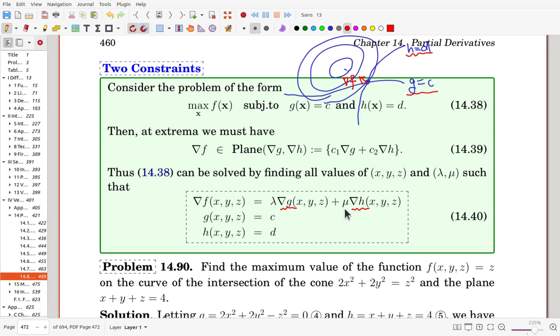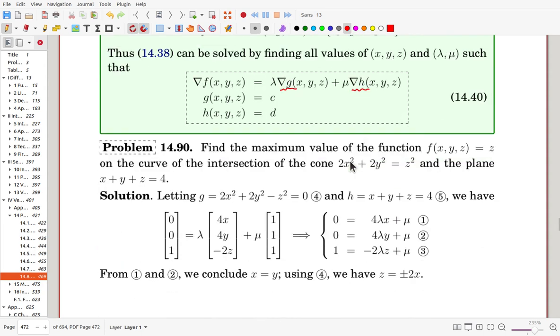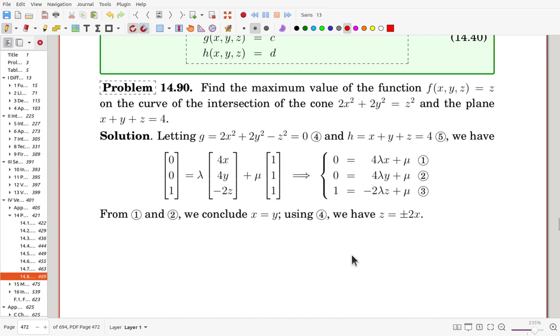So we can solve the problem with a finite number of solutions. So just that is a linear combination of the gradients of the constraints. Okay, let's see this problem.